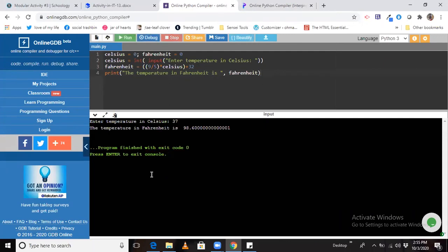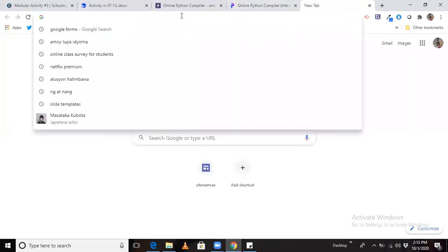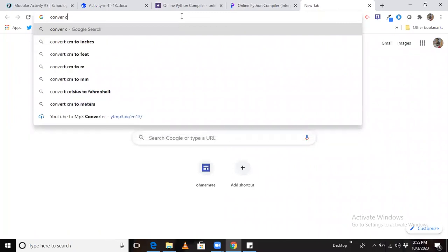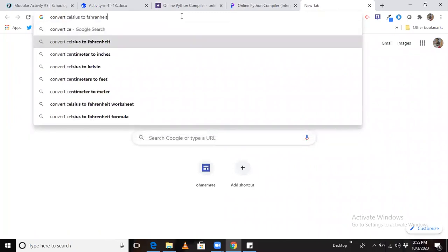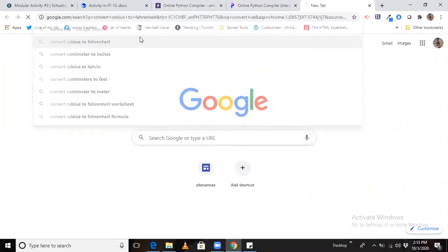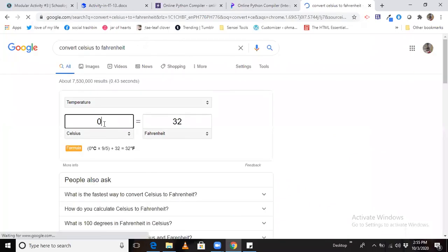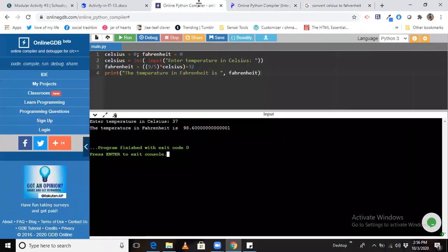That is Fahrenheit. How to check? Okay, check natin kay Google. Convert Celsius to Fahrenheit. Celsius is 37. 98.6, sabi ni Google. Sabi ng program mo, 98.6. Okay? So, tama yung program. Question?